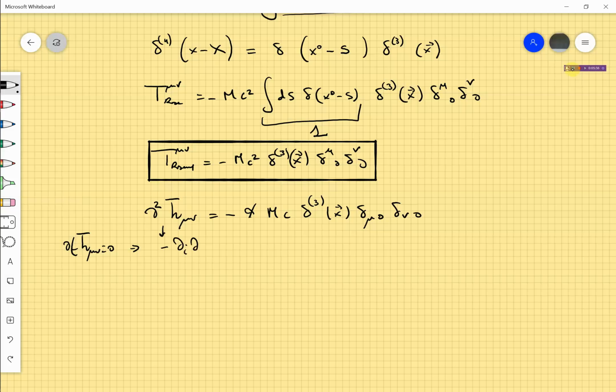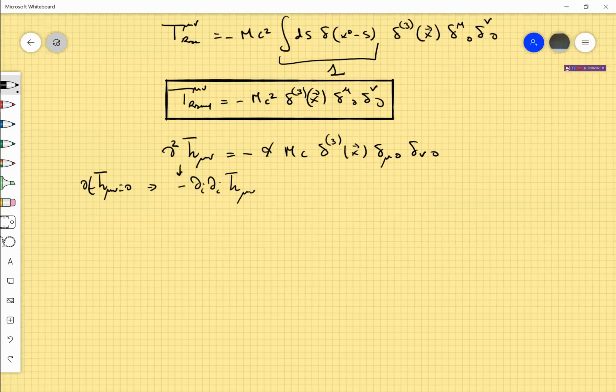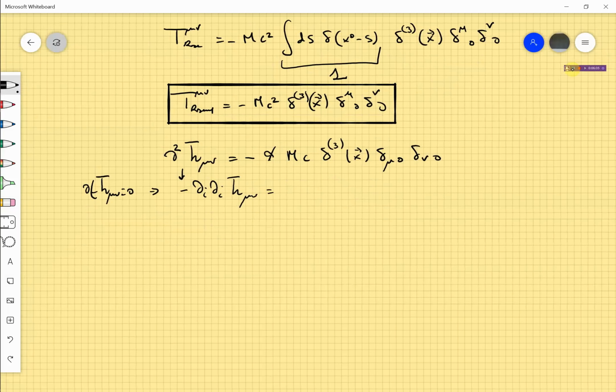this D'Alembertian becomes minus the Laplacian of h bar mu nu. Okay, these two signs now cancel. Let me write the whole thing: the Laplacian of h bar mu nu equals chi m c delta cube of x delta mu 0 delta nu 0.